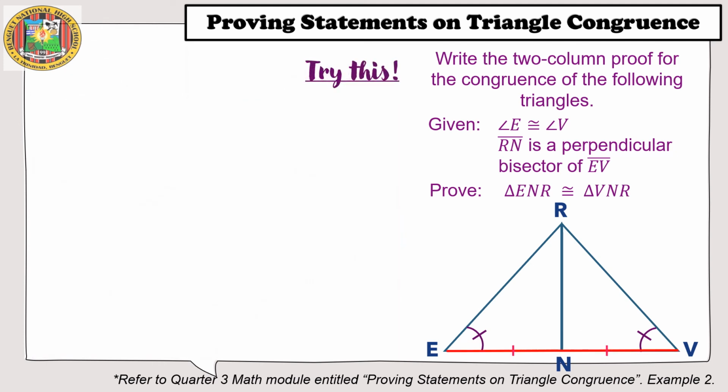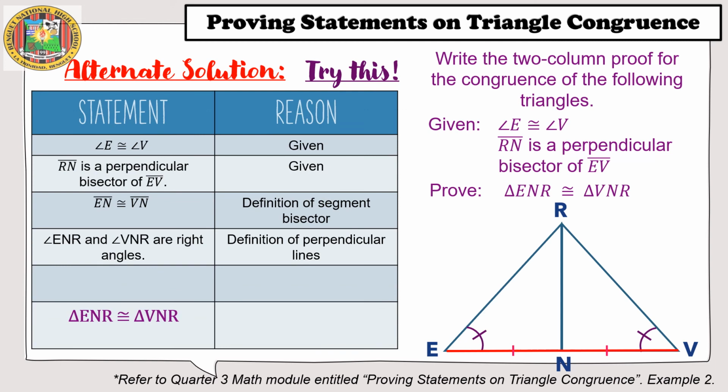An alternate solution for this problem is as follows. From first to fourth statement, the proof is similar to the previous proof. For the fifth statement, from the idea that angles ENR and VNR are right angles, we can say that triangles ENR and VNR are right triangles, following the definition of right triangles.